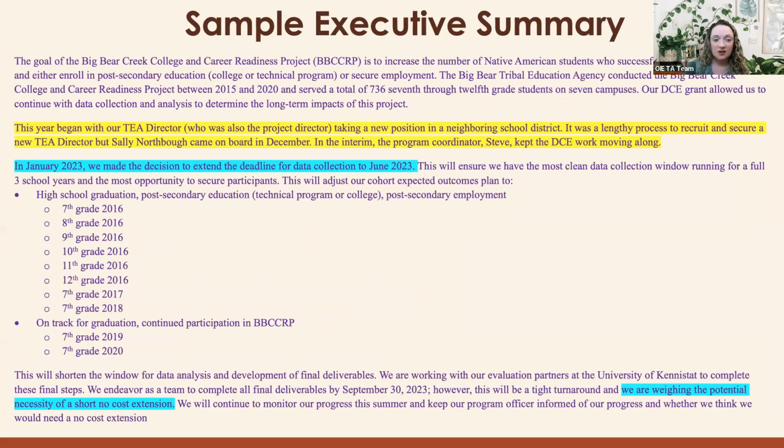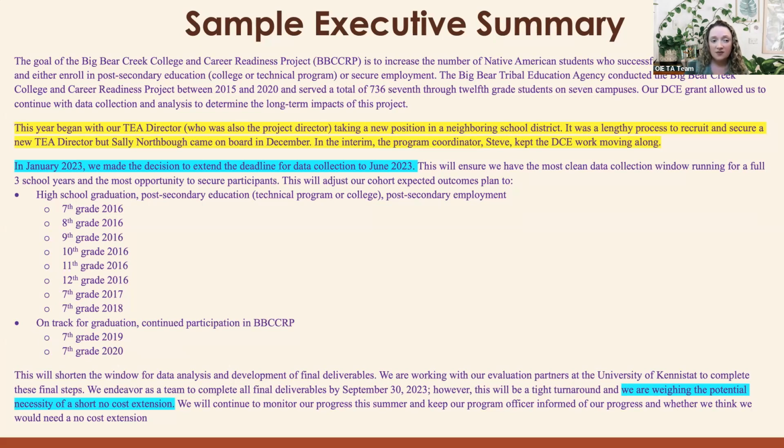Well, that's actually a good time to bring up our sample APR. In the sample APR, you'll see we've put together an executive summary there. And you'll notice, if you look in the yellow, we share a challenge that happened. In this mock grantee, they lost their project director and it took a while to get a new project director in place. So we share that challenge, but then we also share how we addressed that challenge.